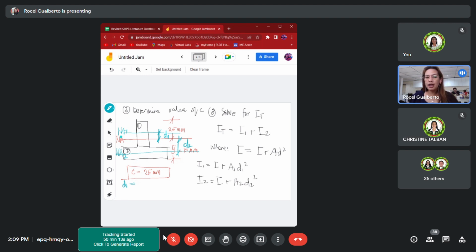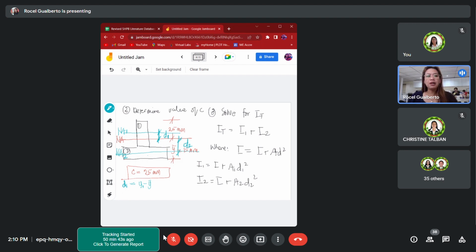If yung neutral axis nung part ay mas mataas sa neutral axis ng buong cross-section, mas mataas yung tayo ng neutral axis ng part doon sa neutral axis ng kabuuan, you use the equation of y minus y bar. So, if this is D1, that would be y1 minus y bar.